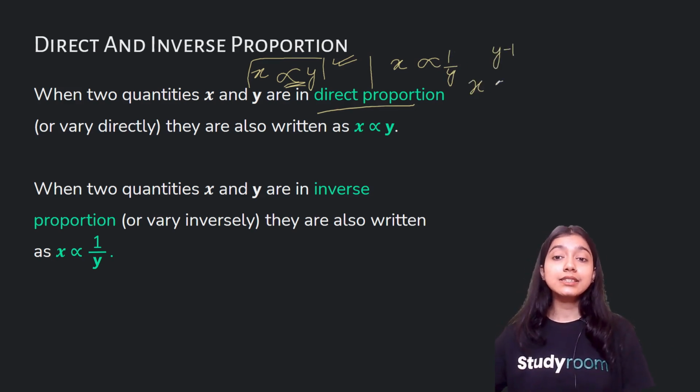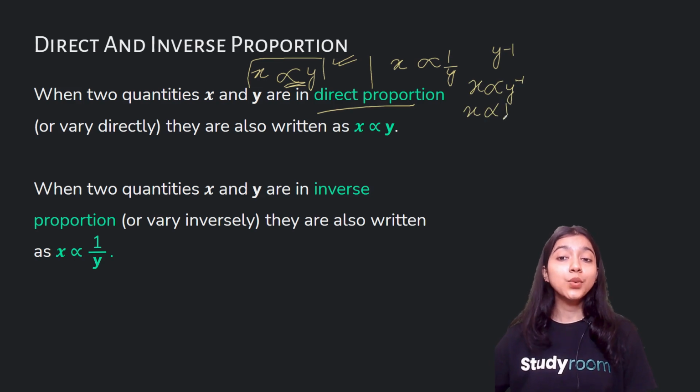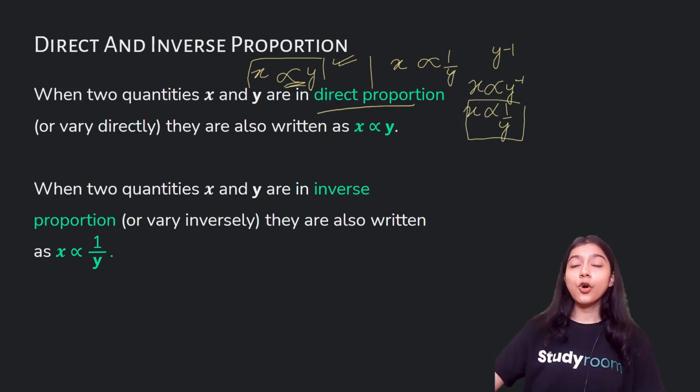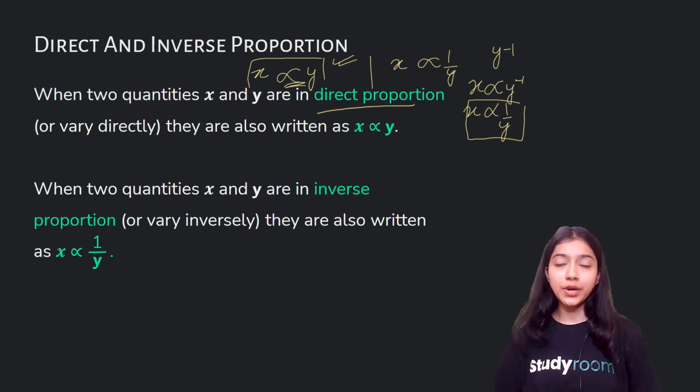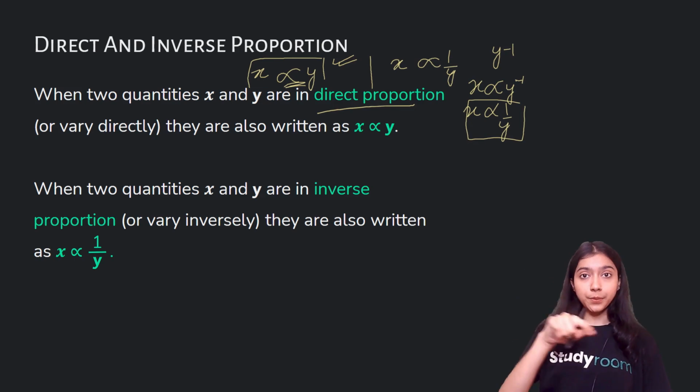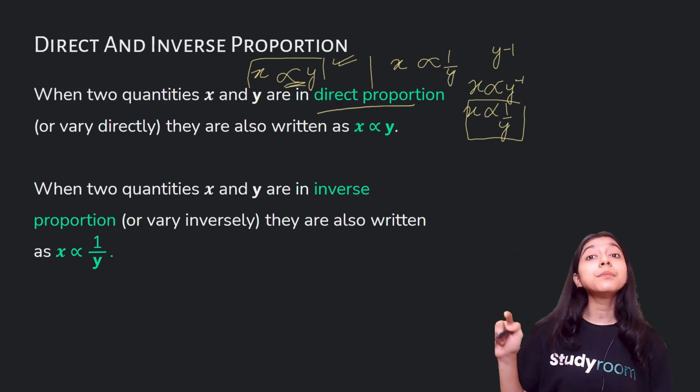So x is directly proportional to y inverse means that x is inversely proportional to y. You have to write x, then give a proportionate sign and then write 1 by y.